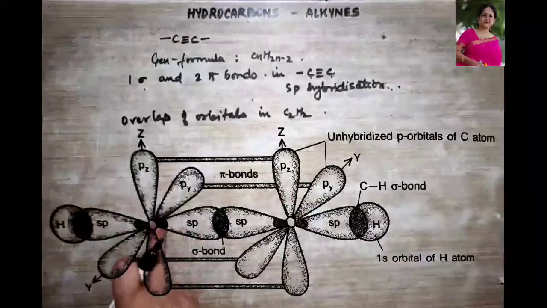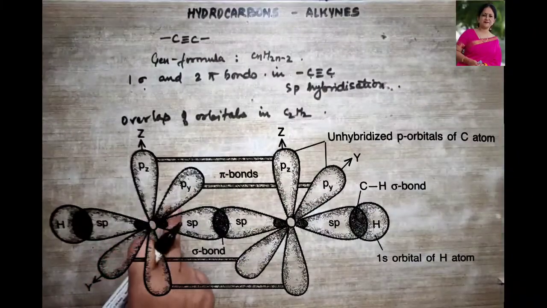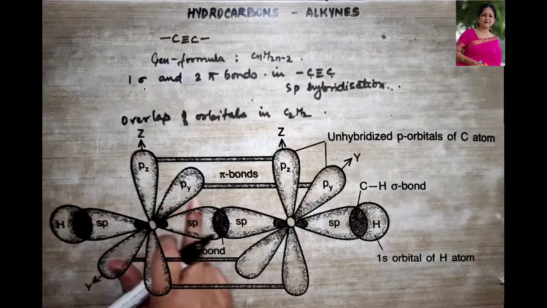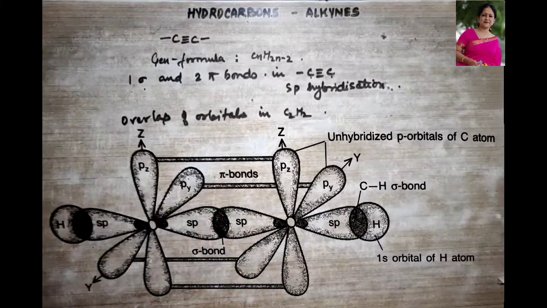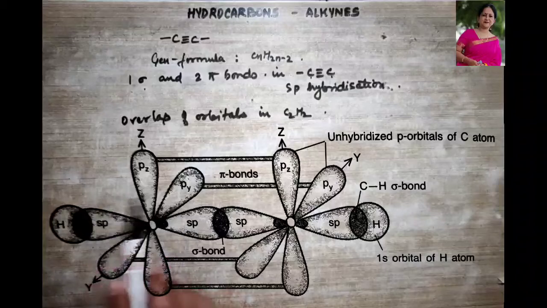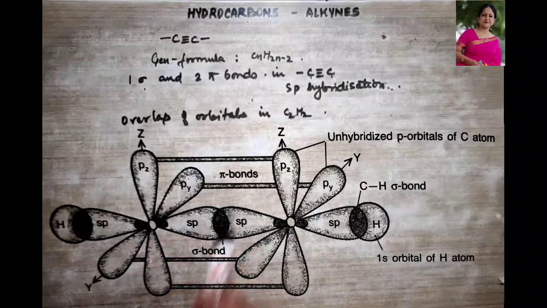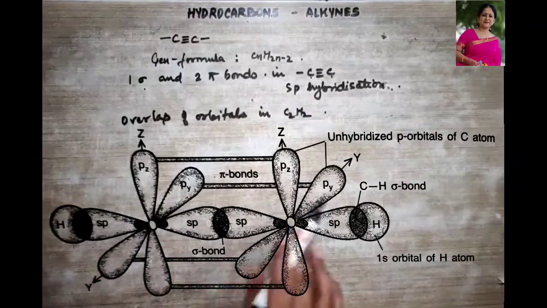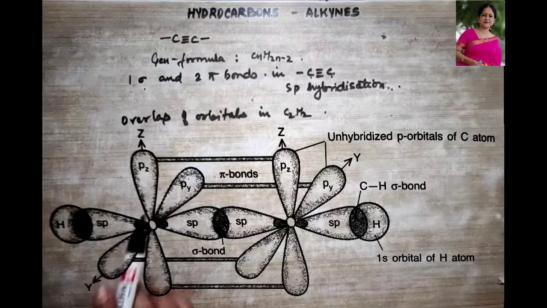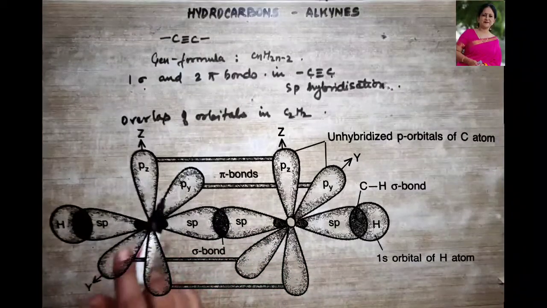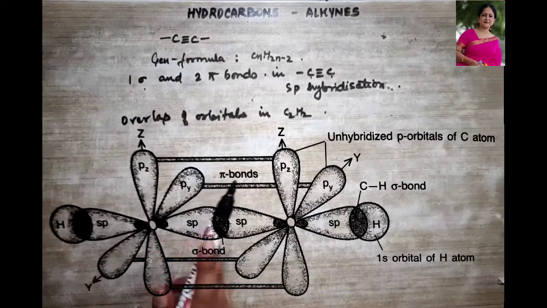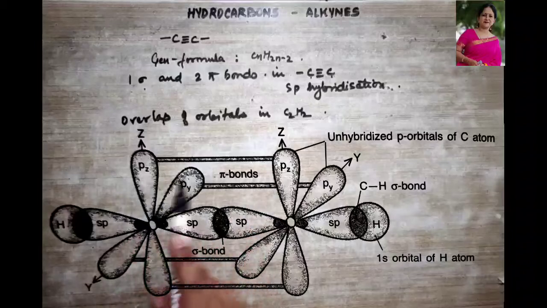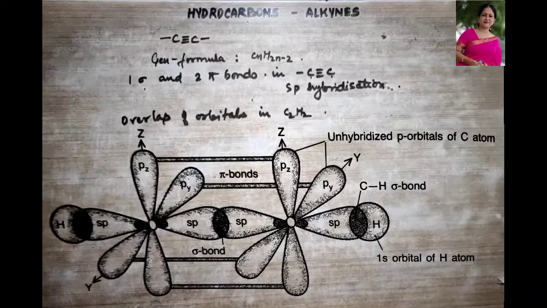Okay, so if you look at the figure over here, in the formation of the bonds in C2H2, we will find that the sigma bond between two carbon atoms is formed by the overlap of the two sp hybrid orbitals, one belonging to each carbon atom, right? Then secondly, you will see that there are two pi bonds between the two carbon atoms and they are formed by the overlap of the unhybridized 2p orbitals, right?